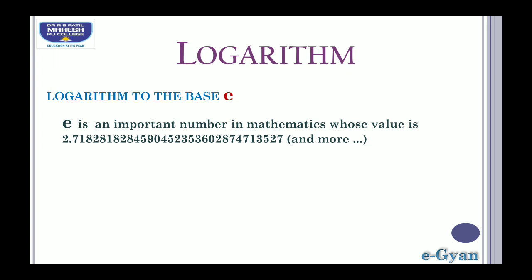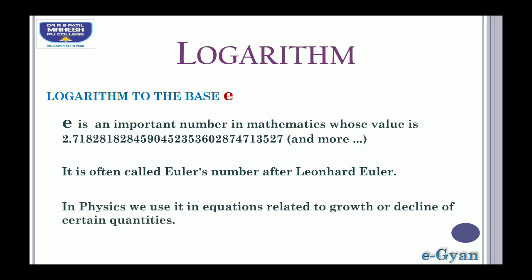We limit ourselves up to 3 digits after the decimal point. This number e is called Euler's number after the mathematician Leonhard Euler. In physics, we use it in equations related to growth or decline of certain quantities.